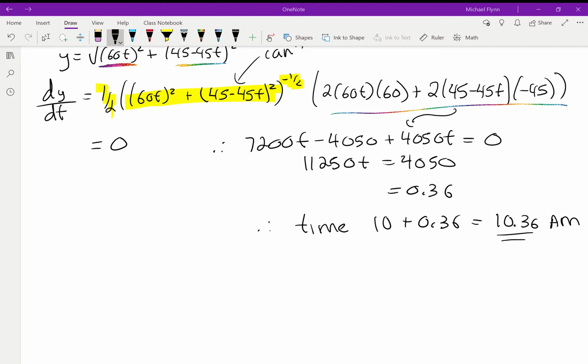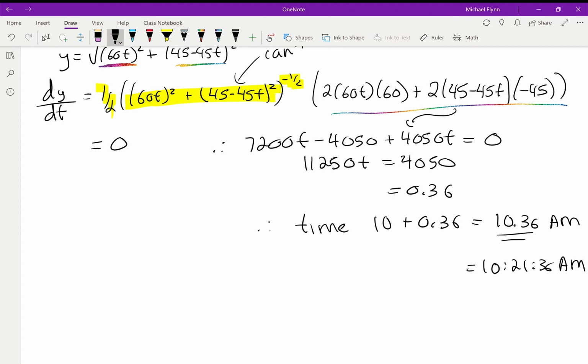Hang on a minute, my calculator's messing up. 0.36 times 60 is 21.6. So this would be 10:21 a.m. and then there's a residual decimal, so 0.6 times 60 again, and 36 seconds.